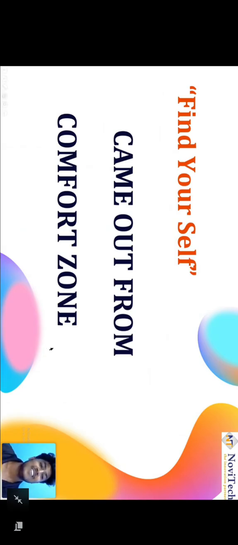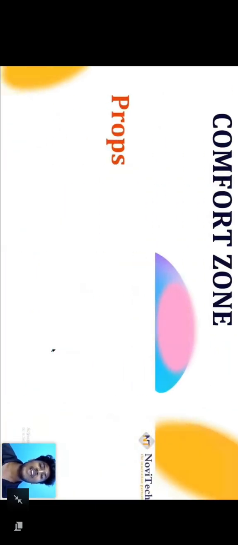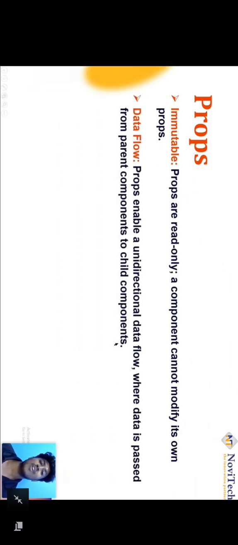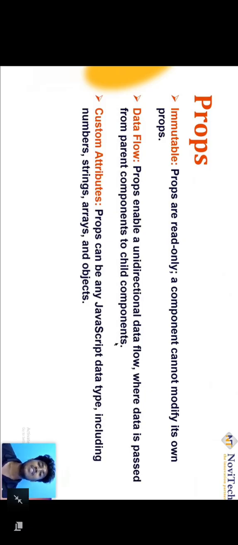Now we will enter into our previous day's concept. In our previous day's concept, we saw about properties and state. Properties are nothing but like parameters. Properties are read only.